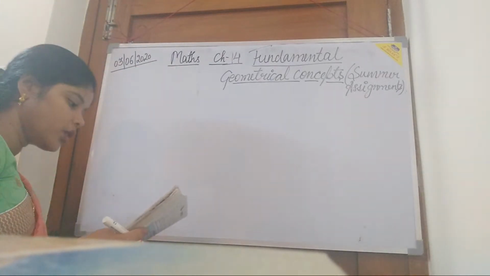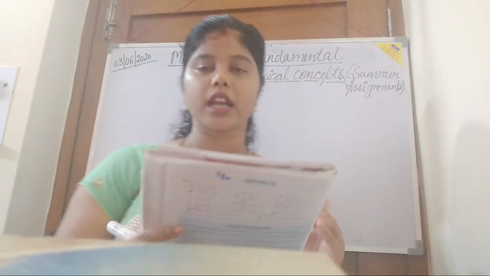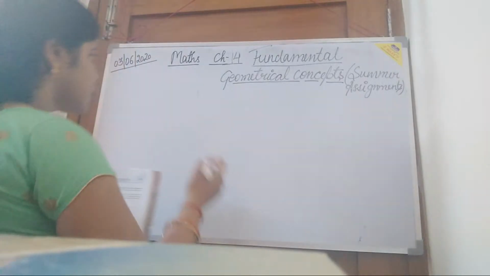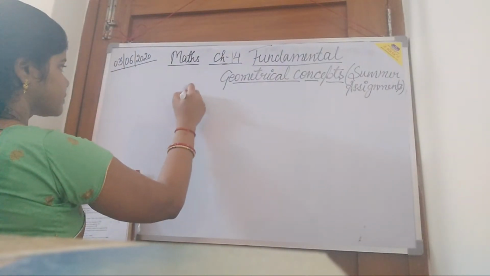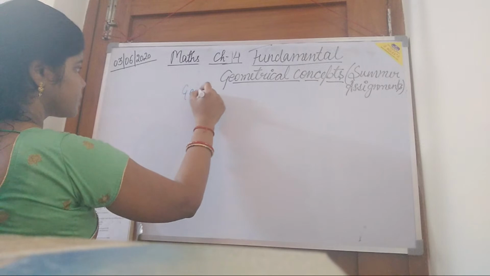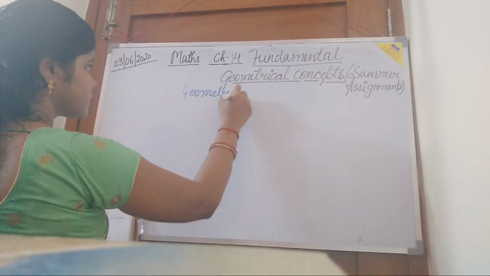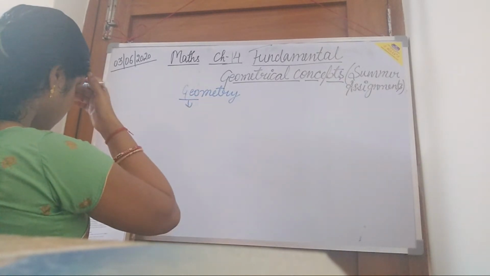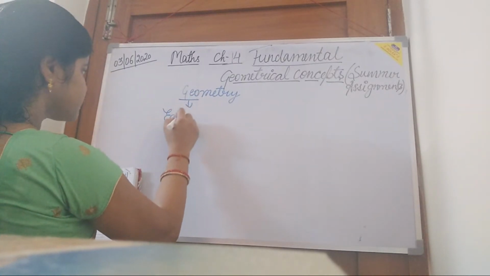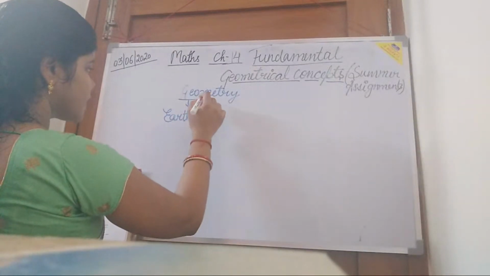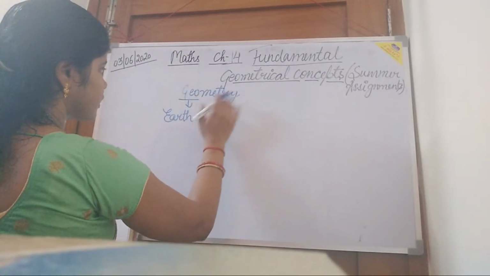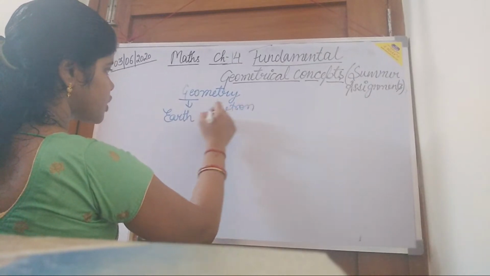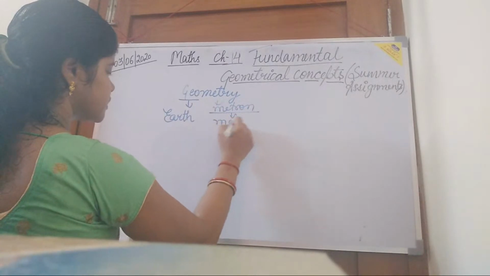As you all know, the word geometry has been derived from 2 Greek words, geo and metron. So the word geometry is formed from geo, which means earth, and metry, you can write it as metron, which means measurement.